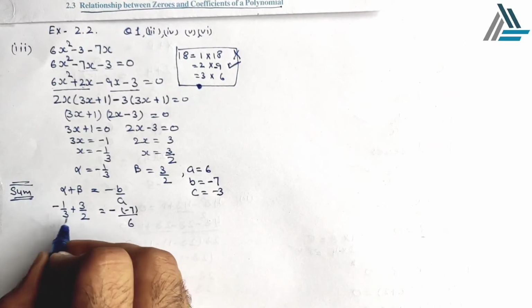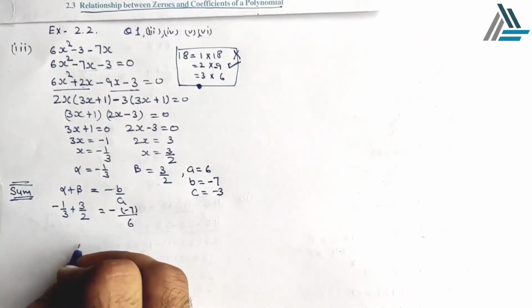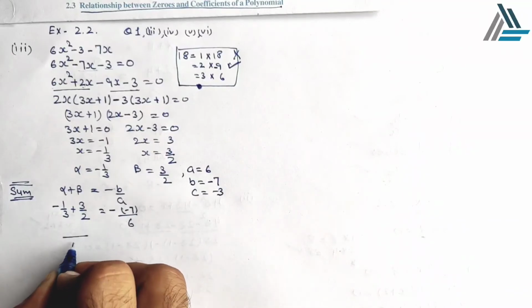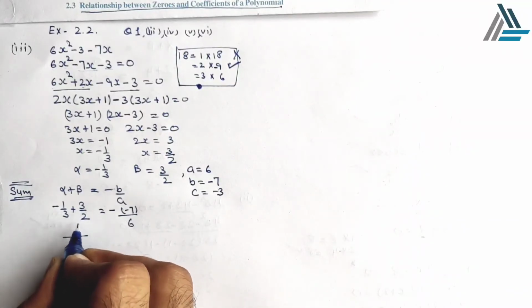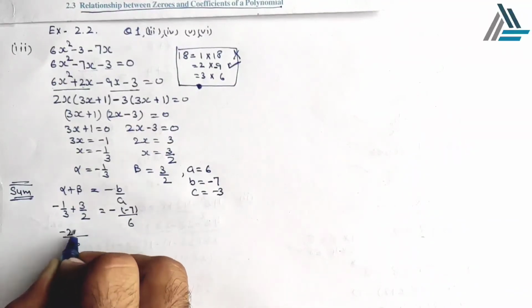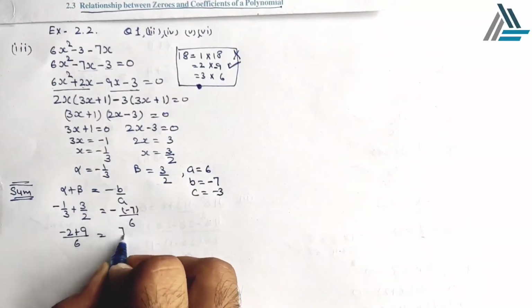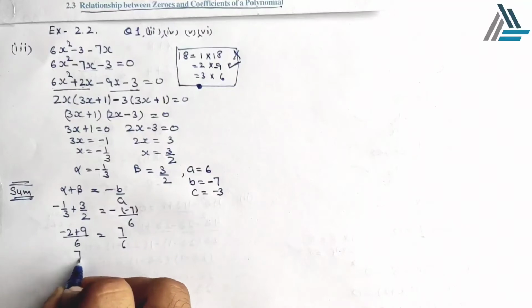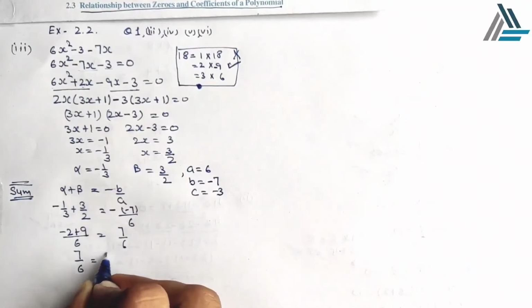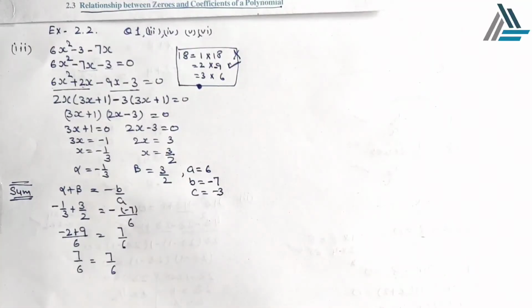Here for adding them we have to take the LCM. LCM of 2 and 3 is 6. By adding we get minus 2 plus 9, which is 7 upon 6. After solving we get 7 upon 6 on both sides. Now we have to verify the product.